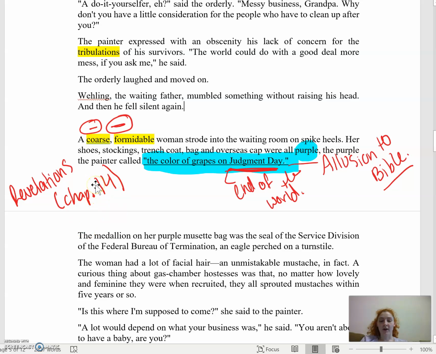And you're looking for what are these grapes on Judgment Day? What do they mean? And what is the effect of associating them with the woman who works for this Bureau of Termination? So the ultimate goal here is the effect of the association between the grapes and the woman.